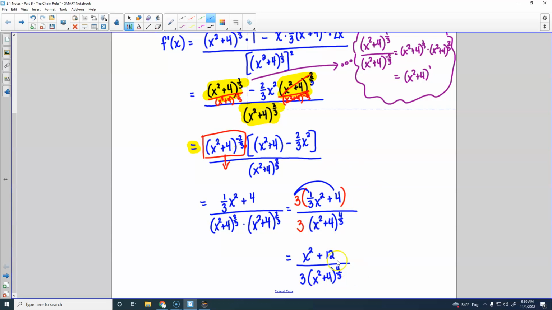And this is what you are most likely to see on a multiple choice question. We are going to have a quiz on this, I think, Thursday, and it will be multiple choice. So we need to be good at simplifying those down.